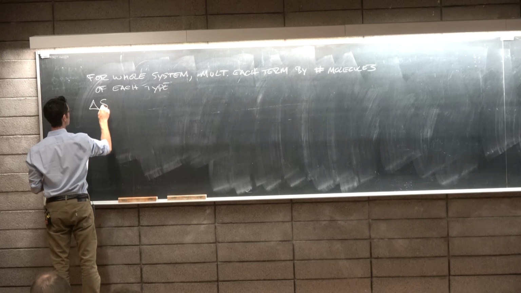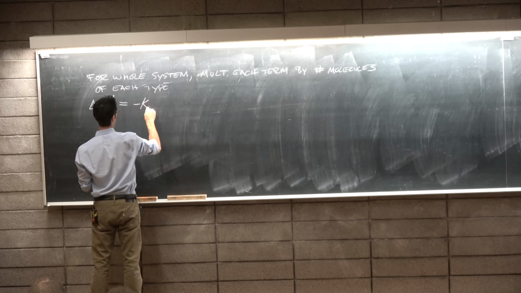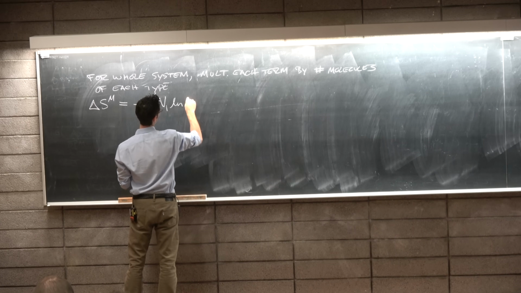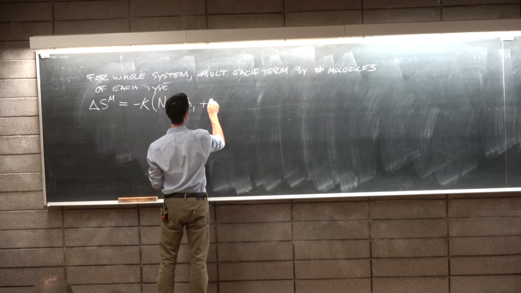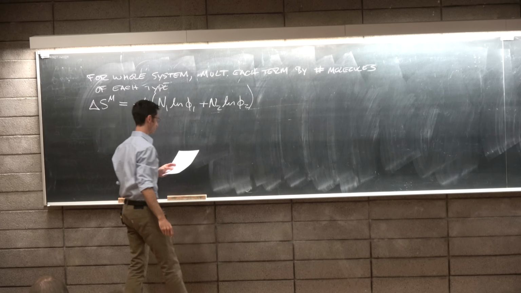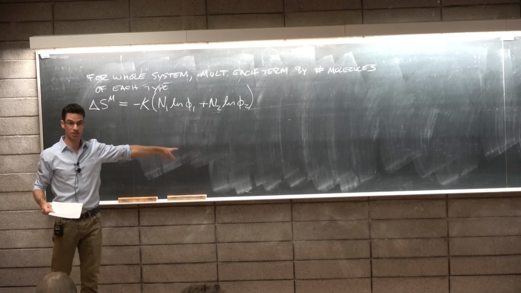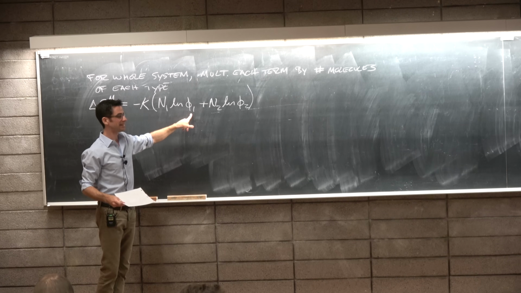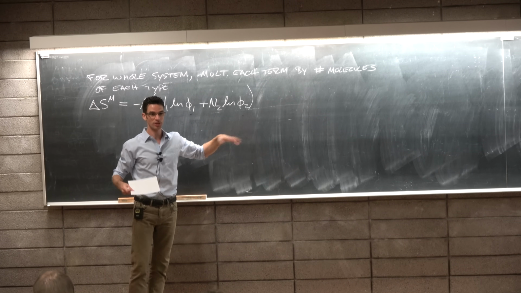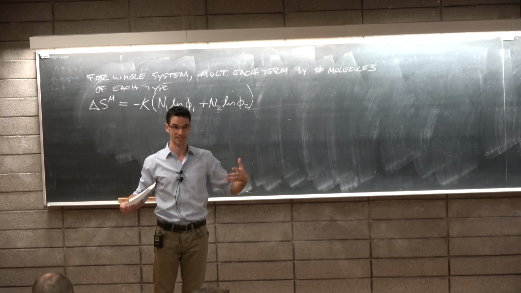So the total entropy of mixing is minus k [N1 natural log phi 1 plus N2 natural log phi 2]. Now this is very similar to the entropy of mixing of the ideal solution, except that we've replaced the x sub 1s and the x sub 2s with phi sub 1s and phi sub 2s. So a lot of verbiage and chalk dust spilled just to get pretty much the same result.